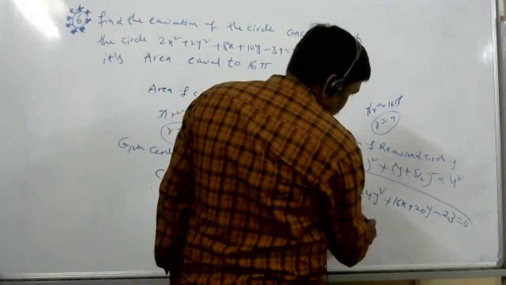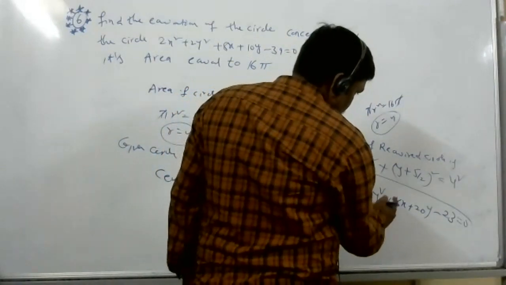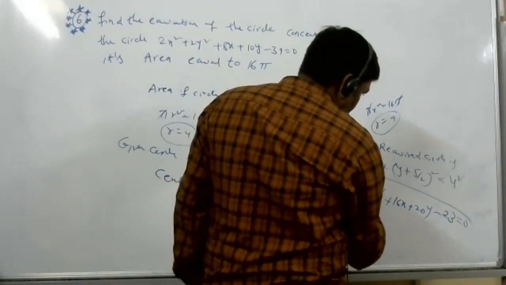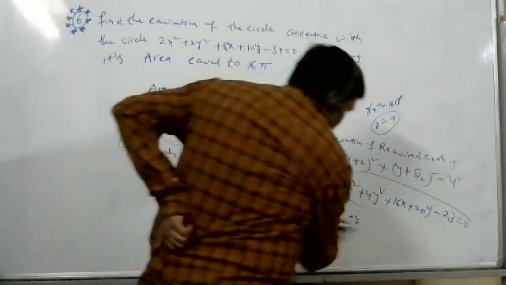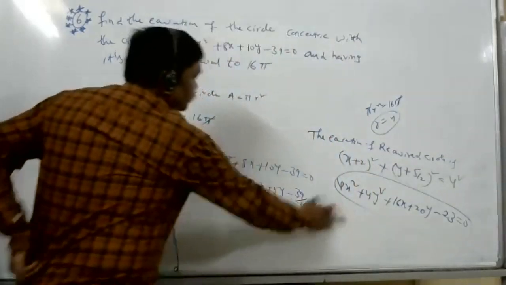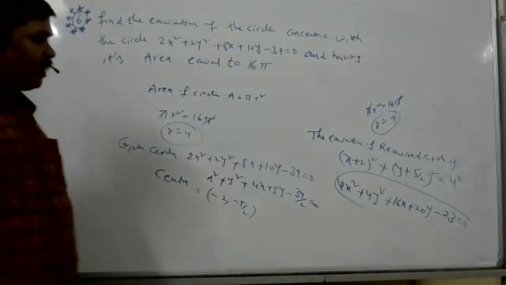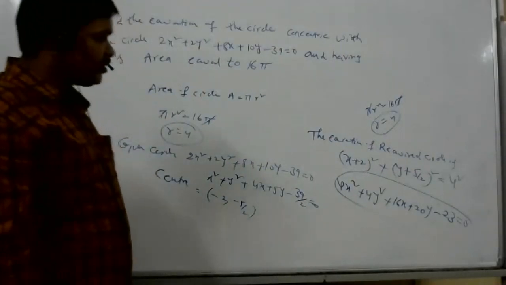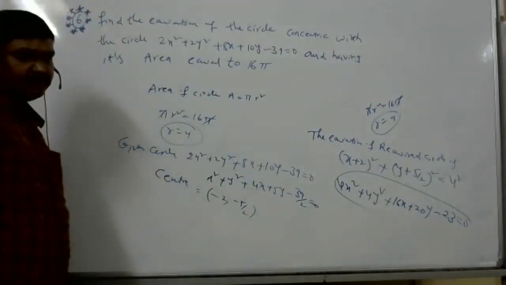Sorry, sir, I made a mistake. The answer is 4x square plus 4y square plus 16x plus 20y minus 23 is equal to 0.